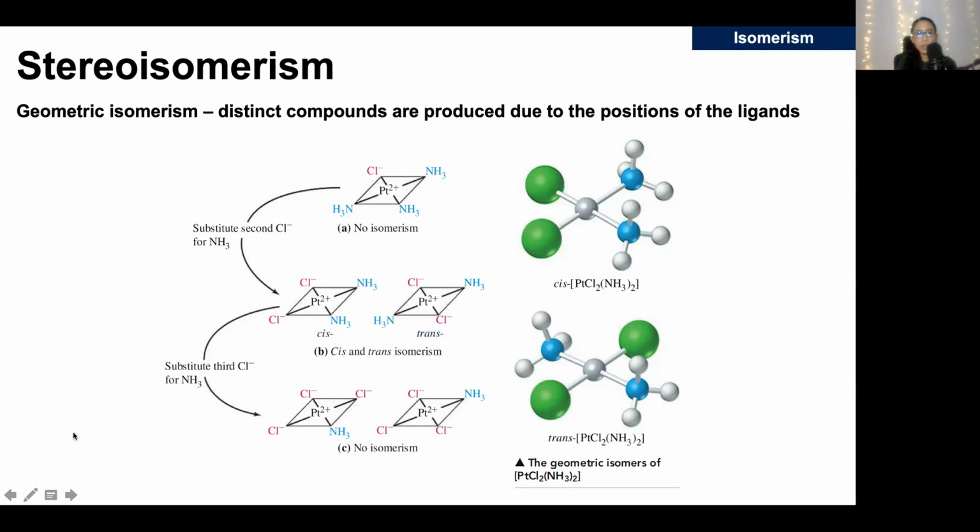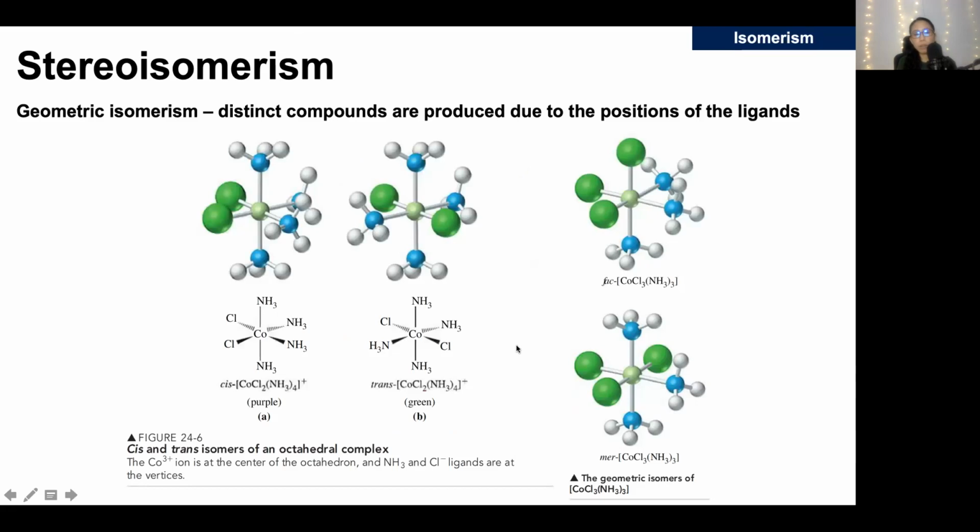Okay. So there is another geometric isomerism displayed by octahedral complexes, or those complexes with a coordination number of 6. So if you recall, if the coordination number is 6, the structure is described as octahedral.